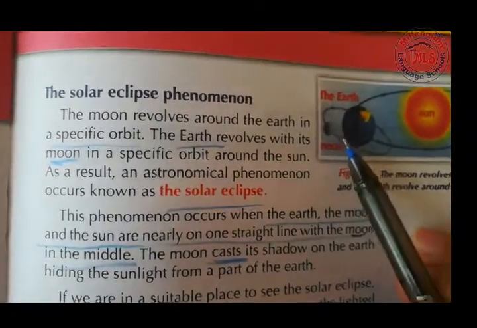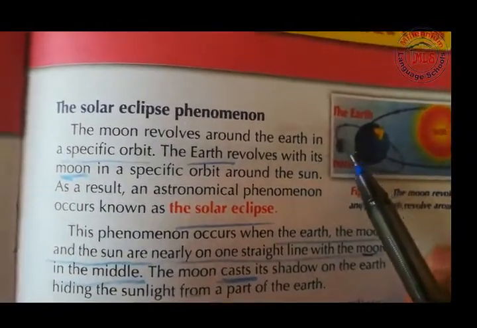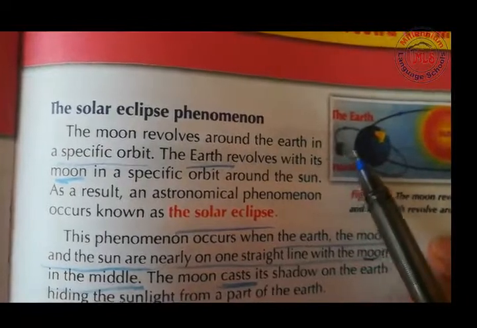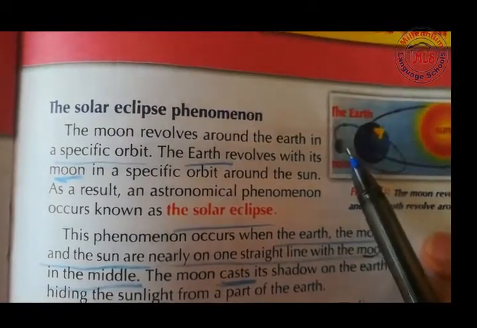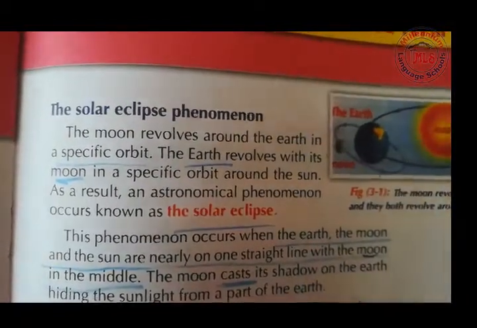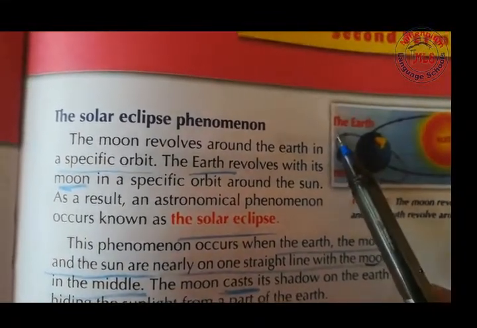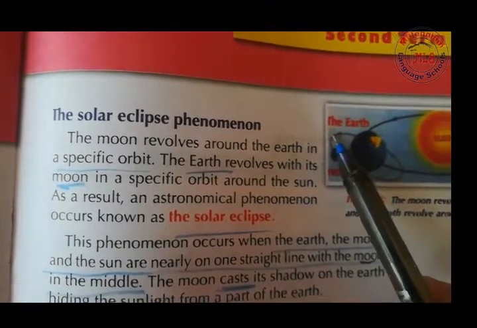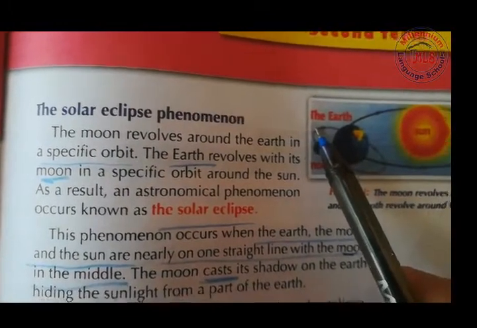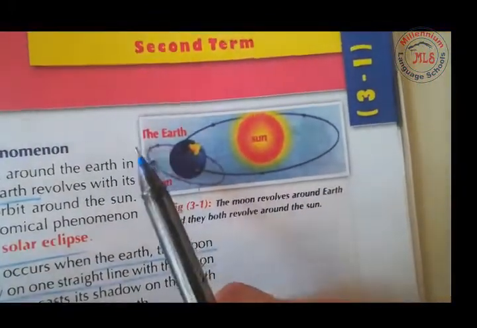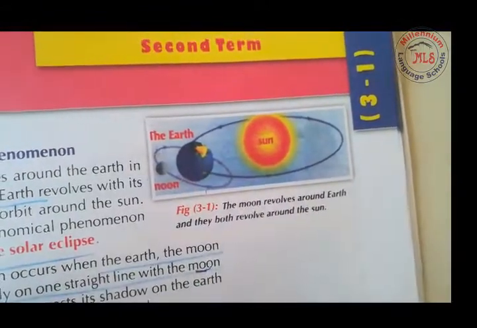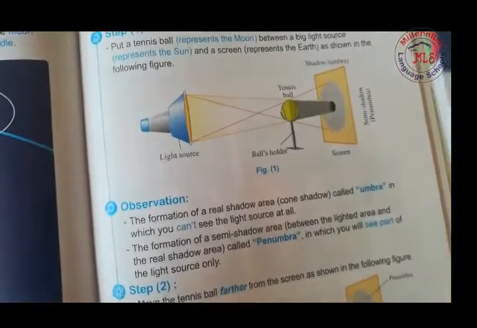When the moon is at a near position to the earth like this, it forms a total solar eclipse. While if the moon is at a higher position like this, at the maximum distance from the earth, it forms an annular solar eclipse.